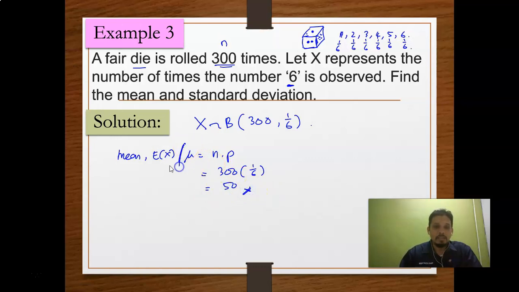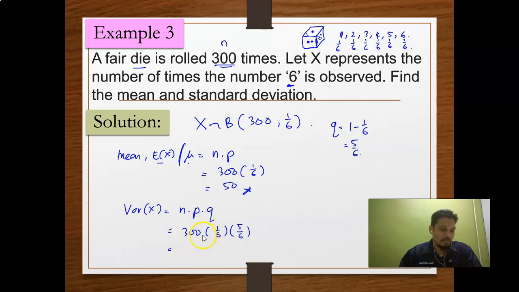Then variance equals n multiplied by p and q. So 300 multiplied by p, 1 over 6, and q equals 1 minus 1 over 6, equal to 5 over 6. Multiplying by 5 over 6, it is 41.67.